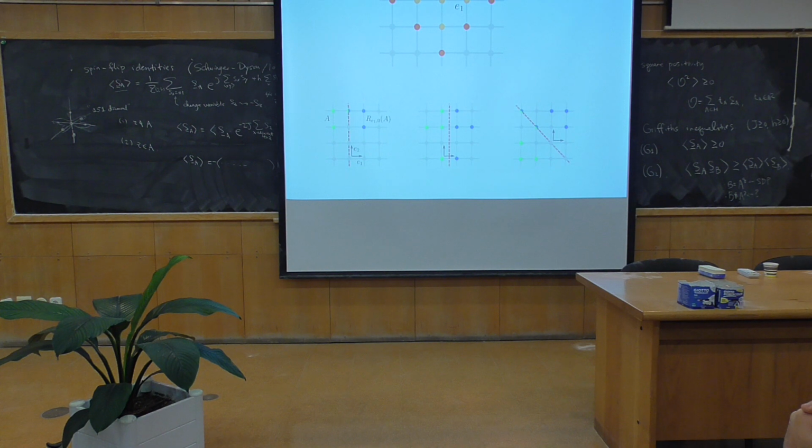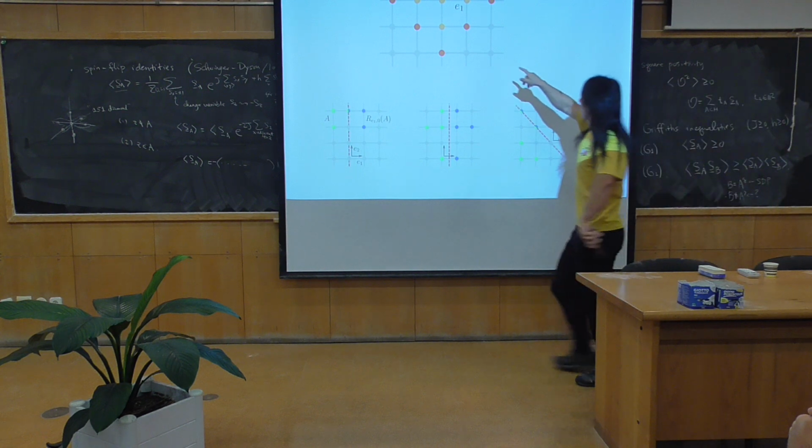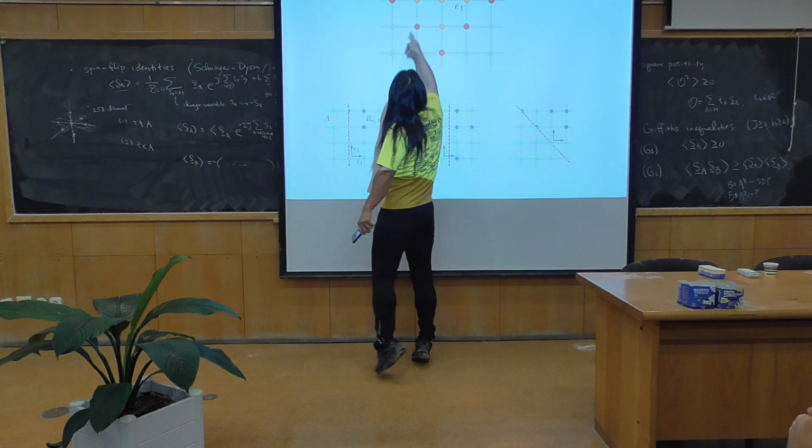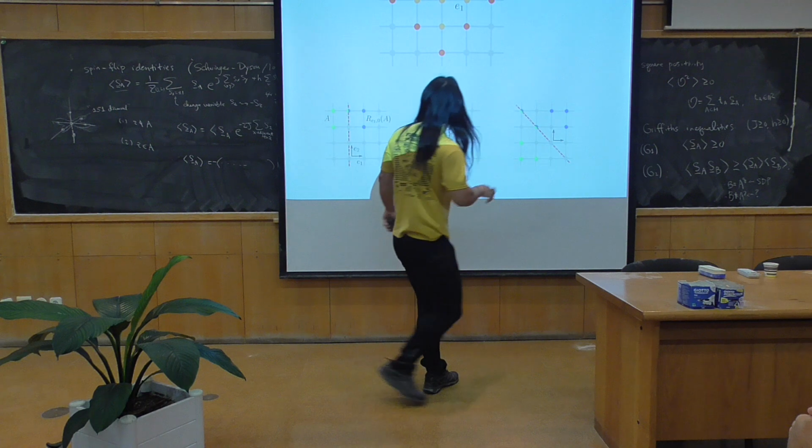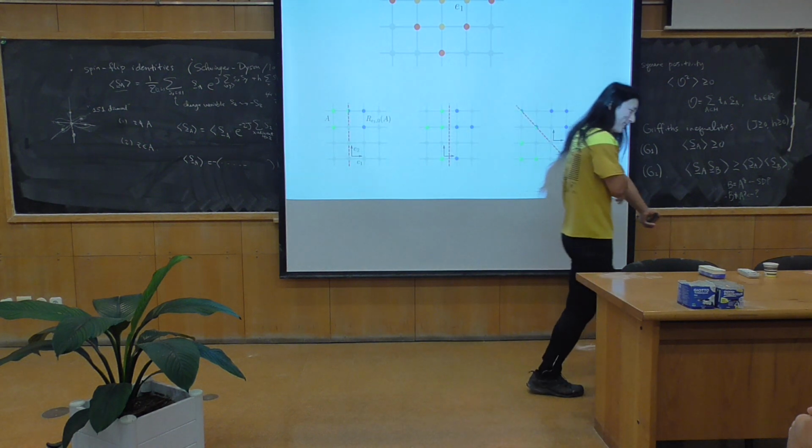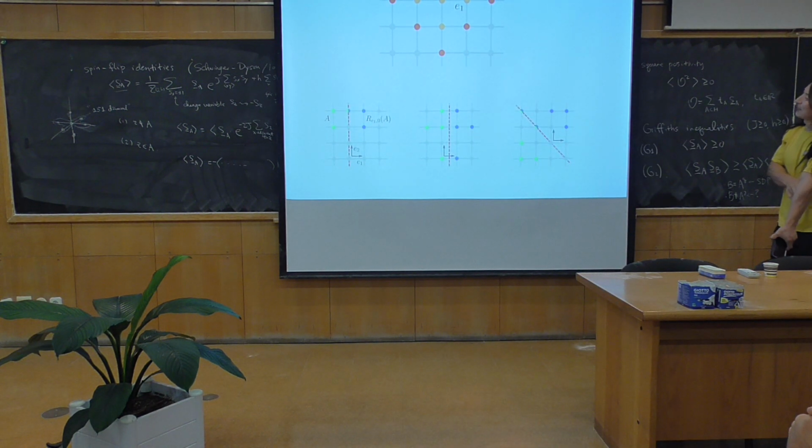Can I ask something, Shai? Is there something particularly nice about diamonds? Why not square regions? The reason we like diamonds rather than squares is because the spin flip identities will cover all the points. If you had a 3x3 square, then this point will never enter these spin flip identities. They can enter, but you don't pull down the spin from the sides.